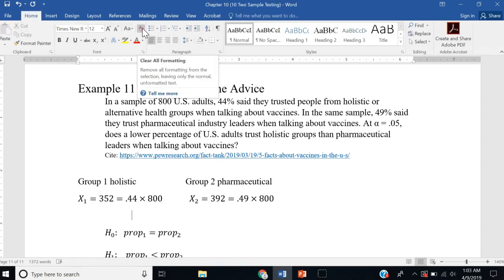You can do this within the testing feature in your calculator, or by hand on the outside. In any regard, X1 is going to be 352, N1 is going to be 800, X2 is going to be 392, N2 is going to be 800.